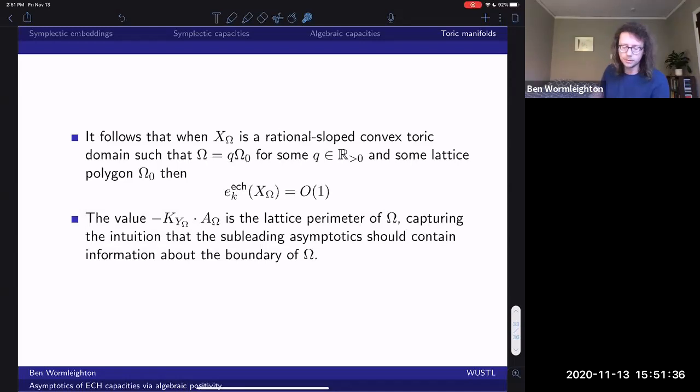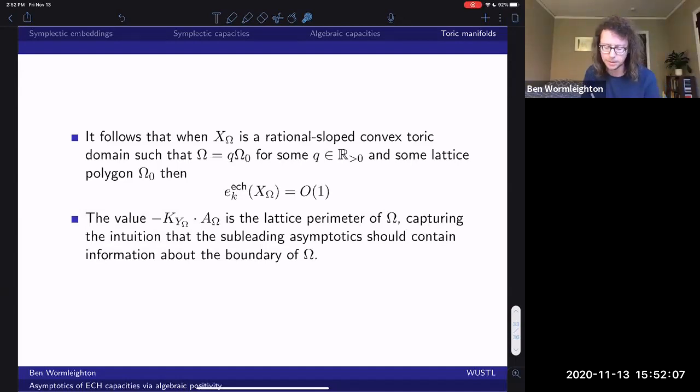And one thing I would observe is that this algebraic term that was appearing, the term involving canonical times A, at least in the toric setting, if you have anticanonical dot A, this is the lattice perimeter of the polytope A. It's measuring distance where one primitive line segment between lattice points has length 1.